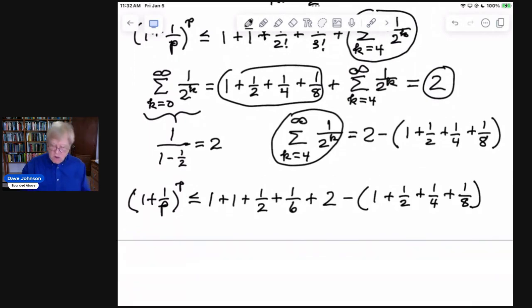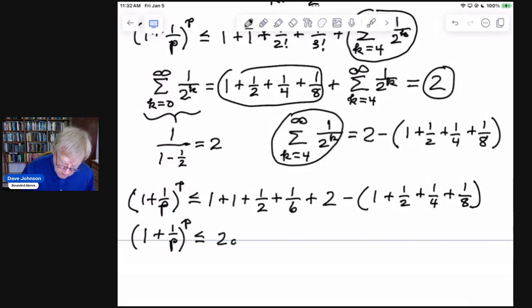And if we sum all of those and simplify, we get the result that 1 plus 1 over p raised to the p is less than, and I've done the arithmetic here, 2.79166, and that 66 repeats.